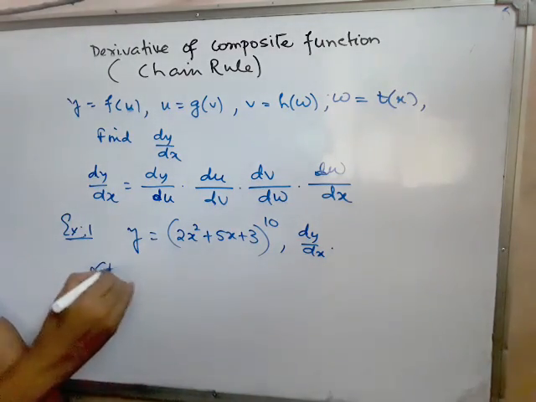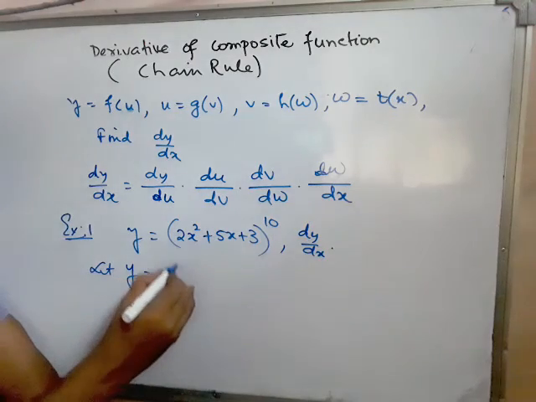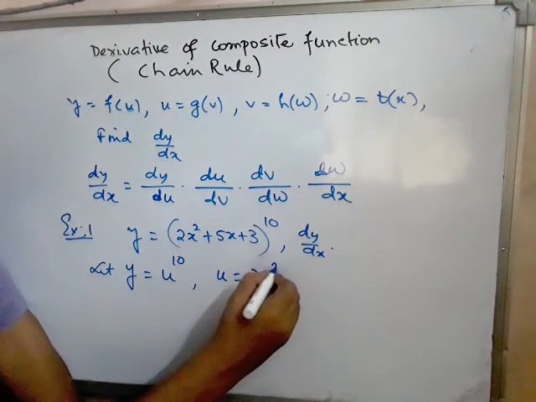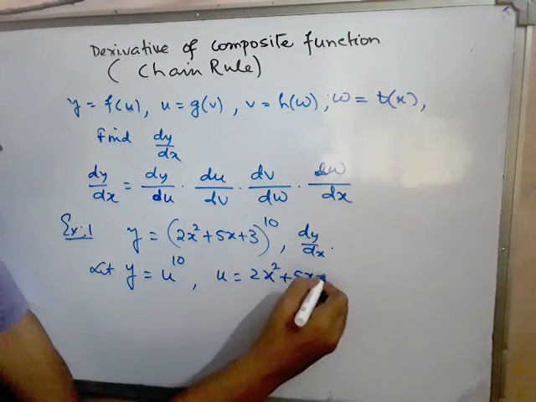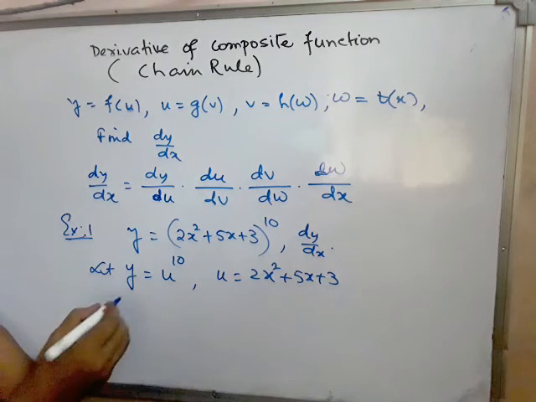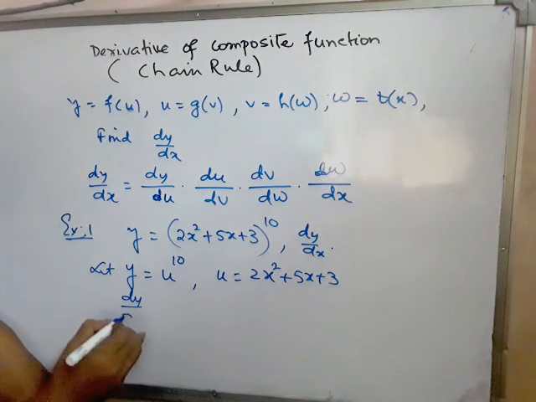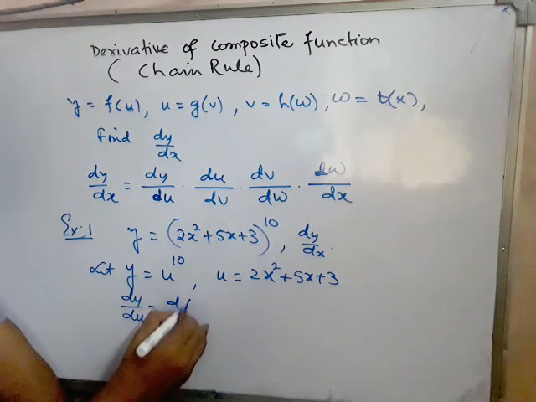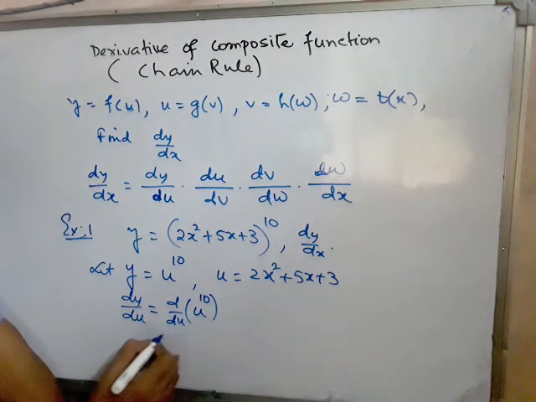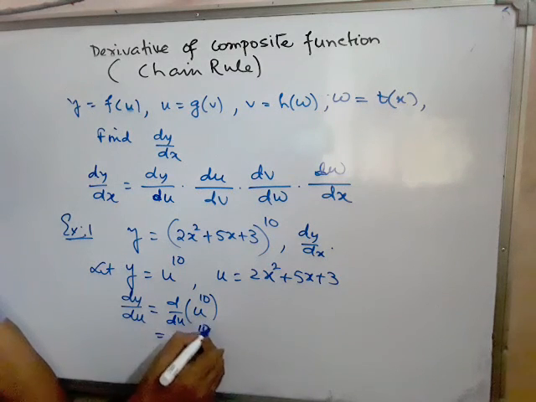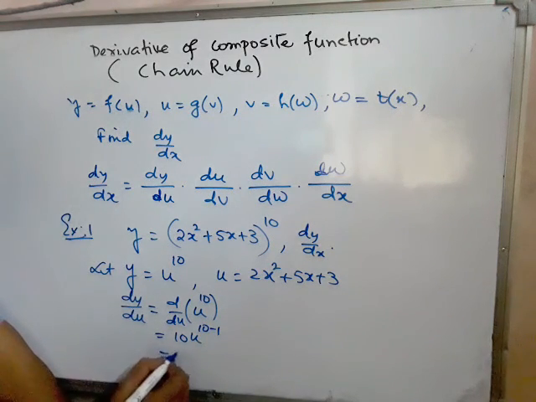Let y equal to u to the power 10, where u equal to 2x square plus 5x plus 3. So since y is a function of u, dy by du equal to d by du of u to the power 10. The answer will be 10u to the power 10 minus 1, that is 10u to the power 9.